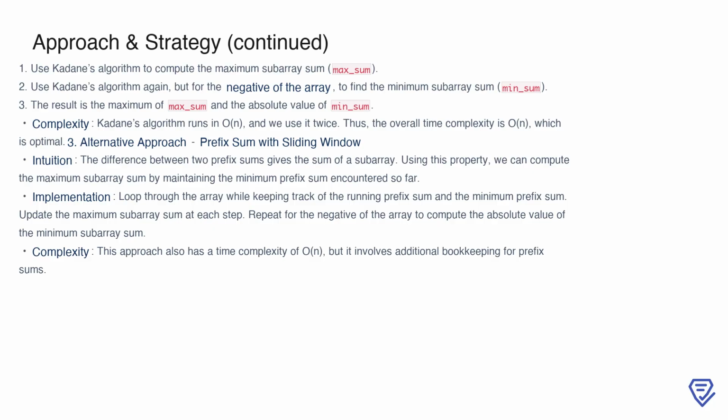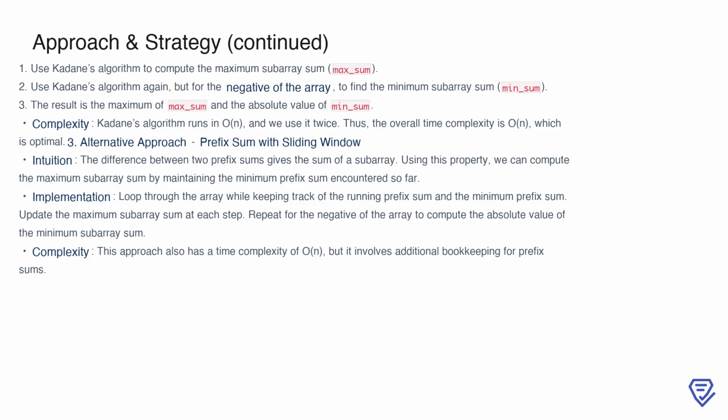The final result is the larger of these two values, either max_sum or the absolute value of min_sum. This is because the absolute sum of any subarray must be determined by one of these two extremes. Kadane's algorithm has a time complexity of n, and since we use it twice, the overall complexity remains n. This makes it an optimal choice for solving the problem.